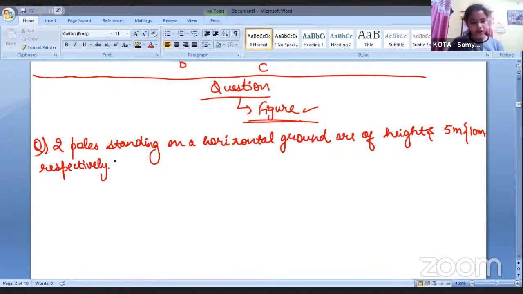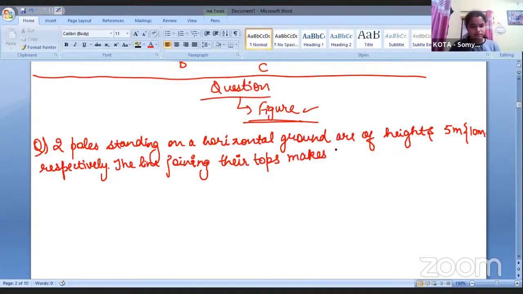The line joining their tops makes an angle of 15 degrees with the ground.